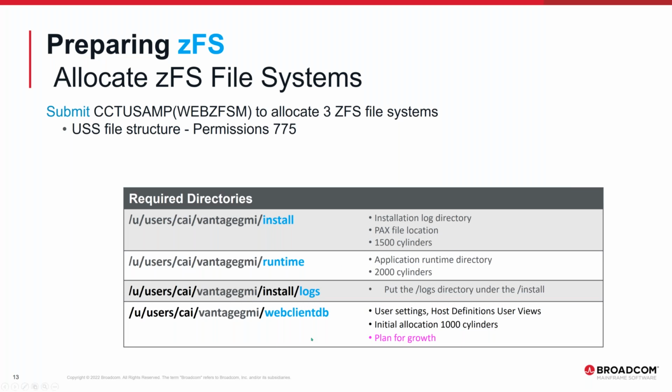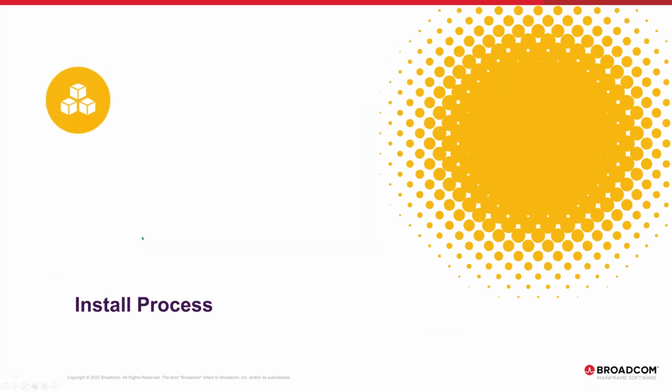The only one that's really going to grow is the web client database, so plan for growth. Actually, I put the auto-grow feature in all 3 of the ZFS file systems, so they can grow. And that's it for the preparation.